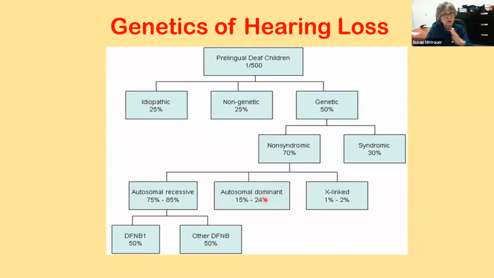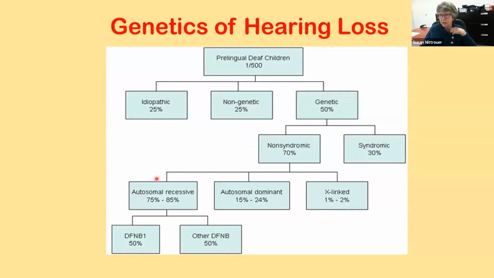Across all children who have hearing loss, this is a very small proportion. 96% of children who are born with hearing loss are born to parents with normal hearing. And then a very small amount of genetic hearing loss is X-linked, and this is non-syndromic, okay? Mitochondrial hearing loss tends to fall into the syndromic category.